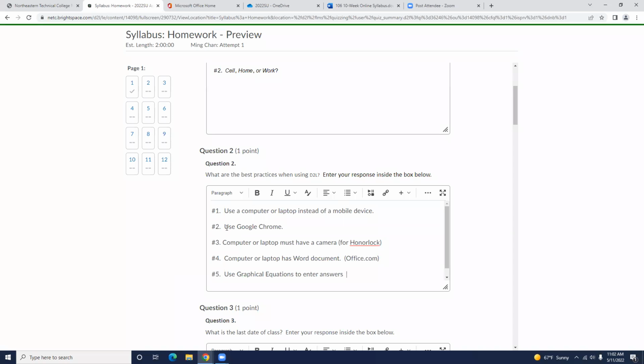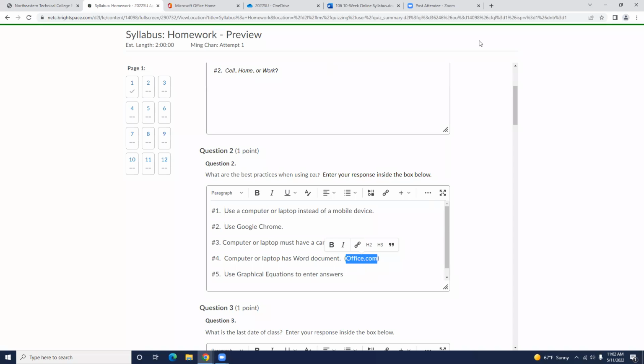When you use a computer or laptop, it's best to use Google Chrome. A lot of other web browsers are not compatible with D2L. Your computer or laptop must have a camera. I mentioned that earlier, it's for the unlock. Make sure it has Word documents. If you don't have Word, you can access it under office.com.